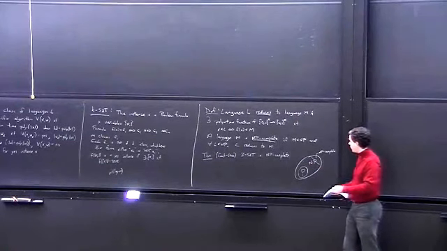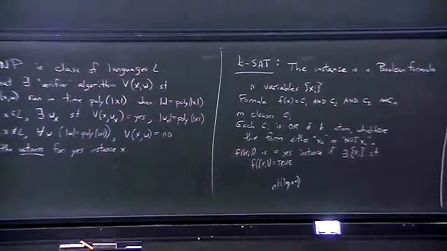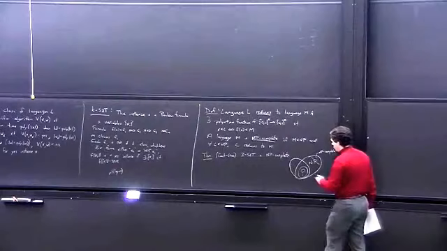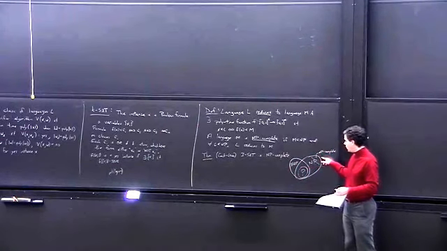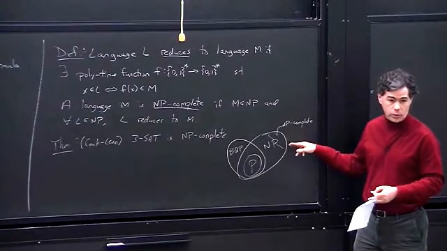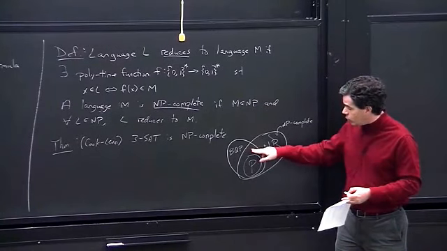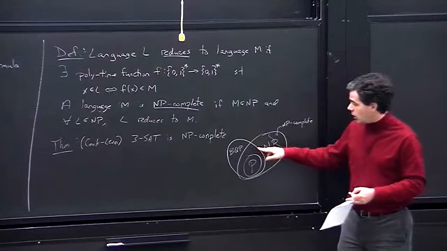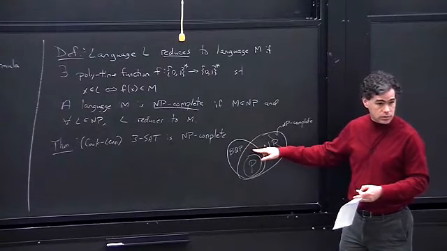And then where does BQP fit into this? Well, BQP also includes P, because anything you can do on a classical computer, you can do on a quantum computer. But we think it looks like this. We don't think that BQP includes NP, that NP-complete problems are still hard on a quantum computer. On the other hand, it does seem to include some problems that are in NP and not in P, like factoring, which we'll talk about tomorrow.